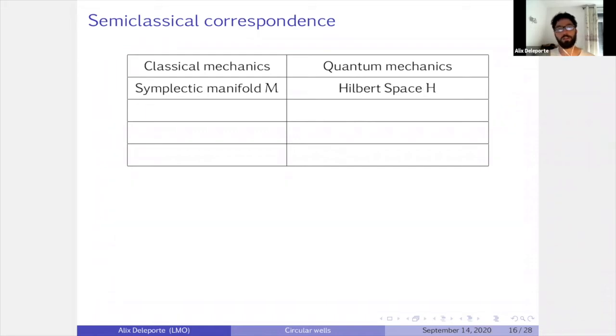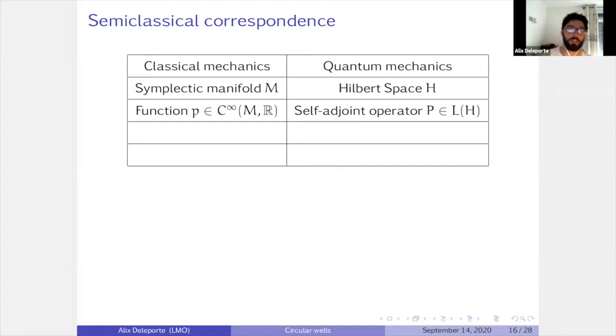On one side, your data is something moving on a symplectic manifold M. On the other side, it's an L2 function over S1, so it's an element of some Hilbert space. And the energy on one side is any kind of function from M to R, and on the other side, it's a self-adjoint operator.